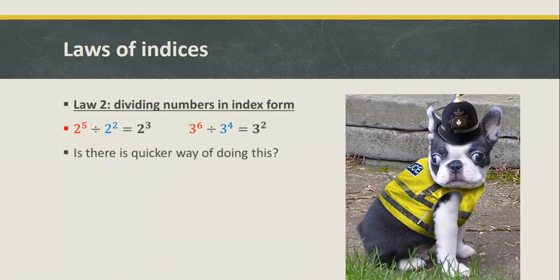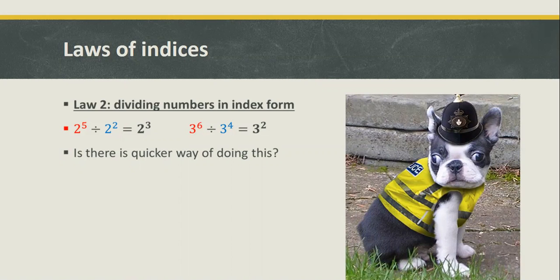Now, there is a quicker way of doing this. When it is multiplication with the same base, we add the powers, but in the case of division, the fastest way is to subtract the powers, the indices.